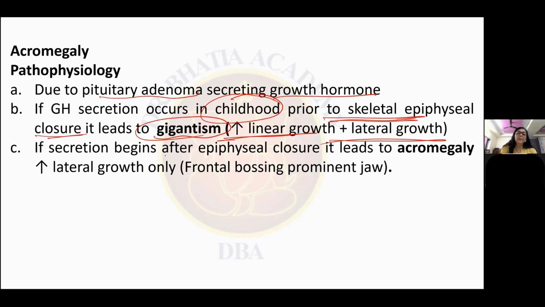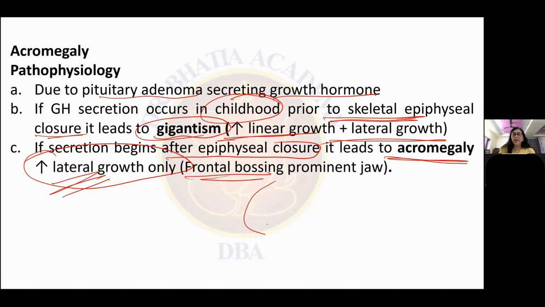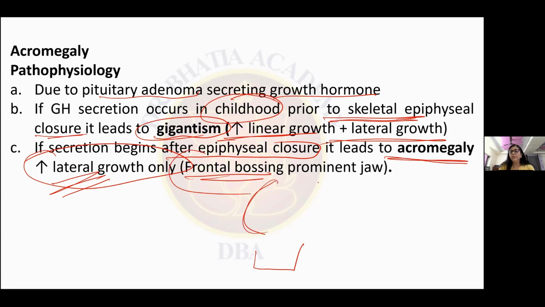But if the secretion begins after epiphyseal closure, that is in adulthood, it will lead to acromegaly, that is, there is only an increase in the lateral growth. This condition will be marked by frontal bossing. So the forehead will be very prominent and the jawline will be very prominent. So frontal bossing of the forehead and the prominent jawline.